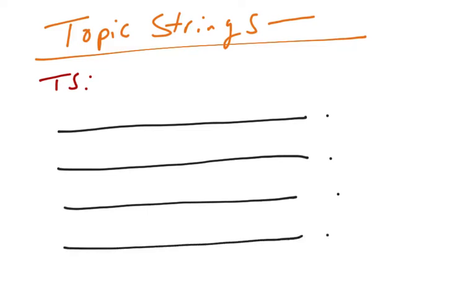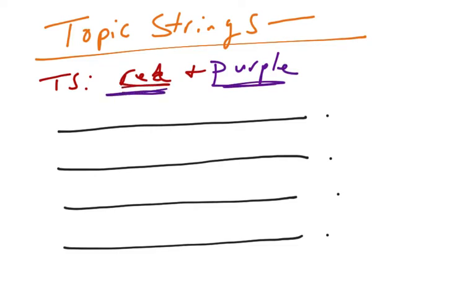So if these are all sentences in a paragraph, and for instance your associative idea has to do with red, we'll just say red and purple. Those are the associative ideas that are unifying your paragraph. Okay?